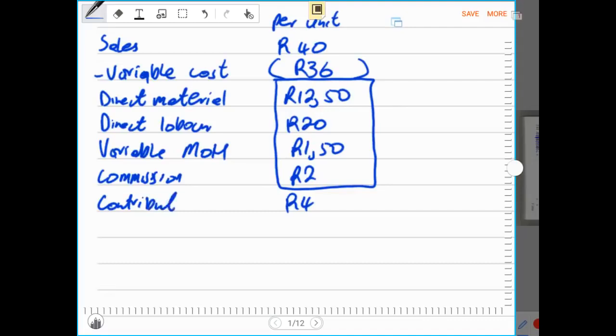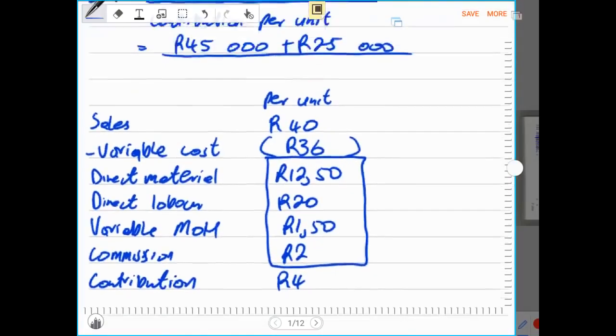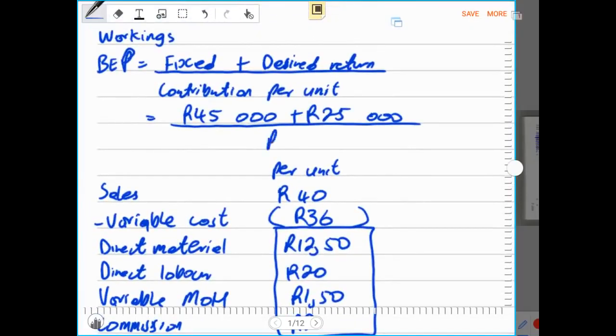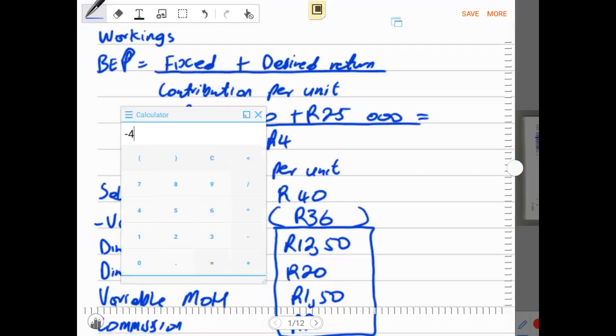This is how you calculate the number of units at the break-even point. We divide by 4 rand. This will give us the number of units that must be sold for the company to reach the break-even point, and for the owner to get his desired return of 25,000 rands.